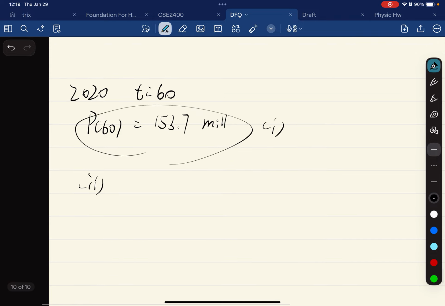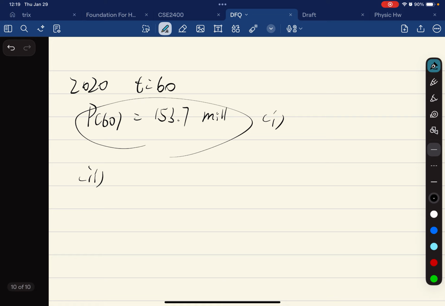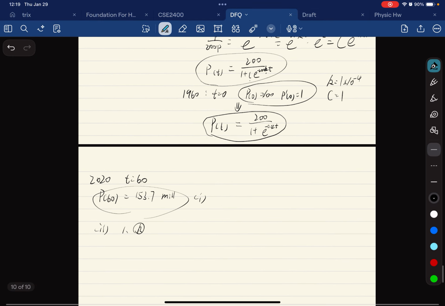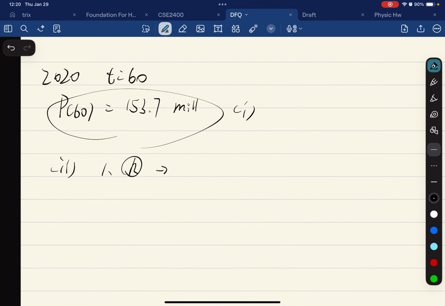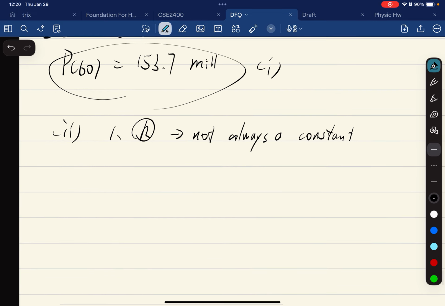Then for question 2, I think there are multiple reasons for the difference between the predicted population and the real population. The first one, I think, is the constant k. The k here is related to birth rate and death rate, but that is not always constant. That's because the birth rate and death rate will change over time for a city, so this constant k is not a constant.